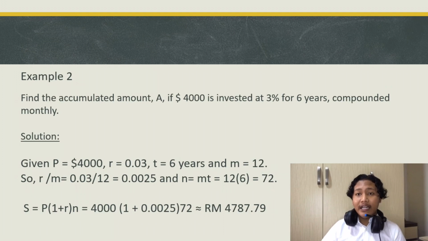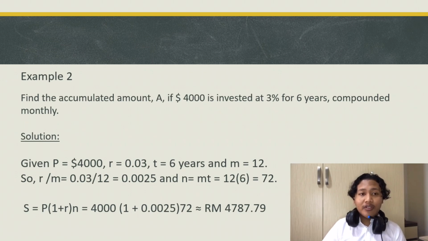Then just put the items into the future value formula. The future value formula is S equal to P times (1 plus R) to the power of N. P is 4,000 that we invested in the account, and 1 plus R, where R is divided by M, which is 0.0025, to the power of 72.